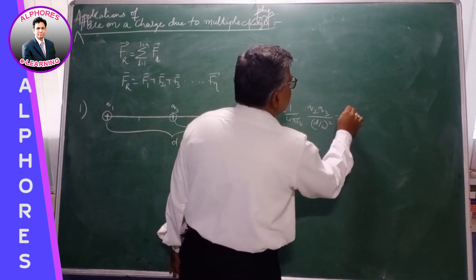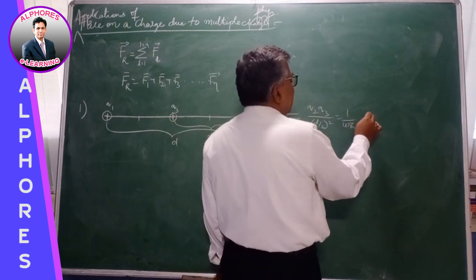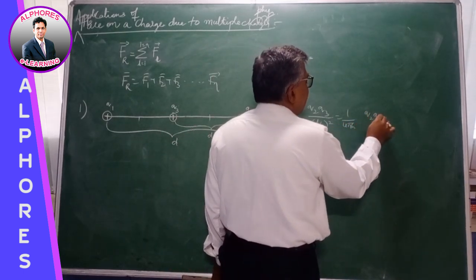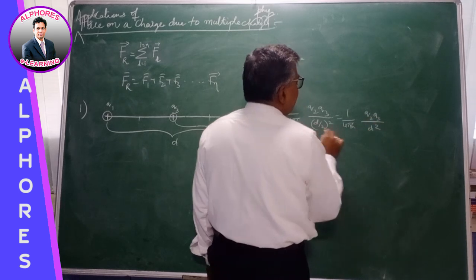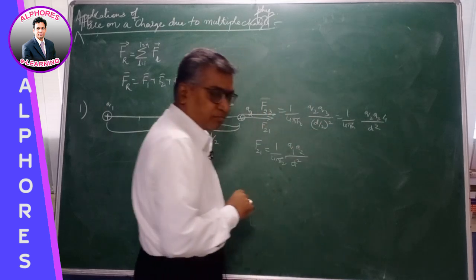If I simplify, it's 1 by 4 pi epsilon naught Q2 Q3 by d square by 2 square, which is 4 times Q2 Q3 by d square.